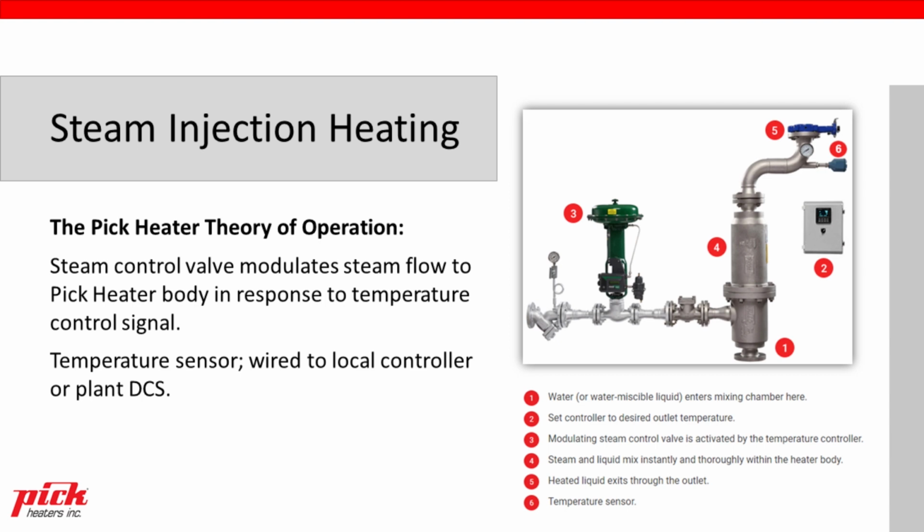So maybe to back up a little bit, the cold water is entering at the bottom of the unit at number 1. The steam is entering from the left side where the Y strainer and pressure gauge is shown, and then hot water discharges at item 5, leaving the unit. So it's a very compact inline device.